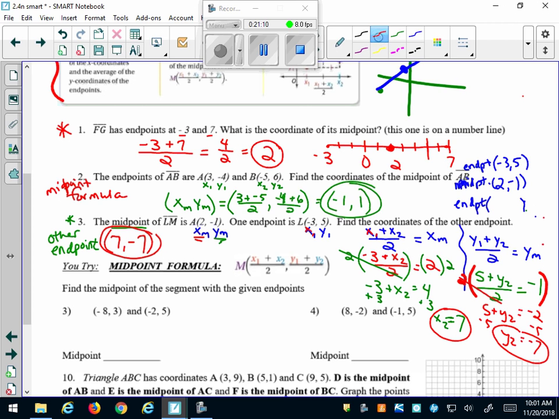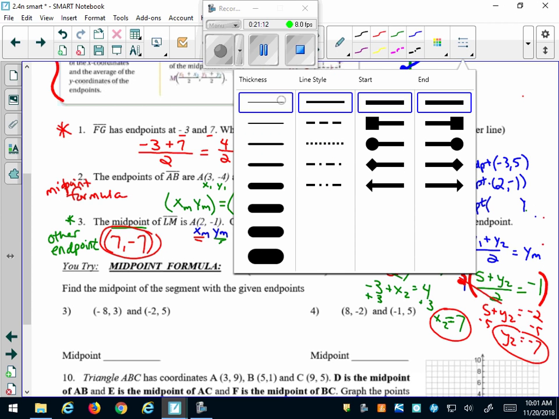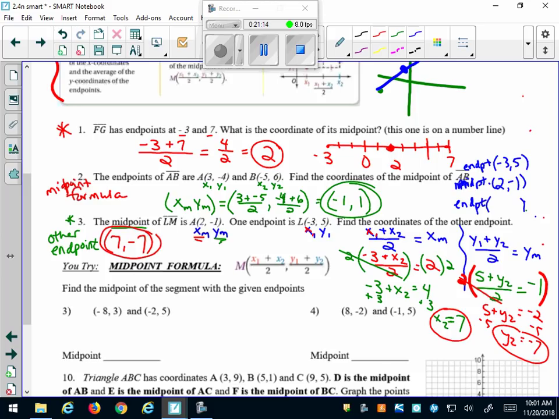If we think of this as, well, the midpoint is halfway between the two endpoints, right? So look at the x's. To get from negative 3 to positive 2, what would you have to add? Five.